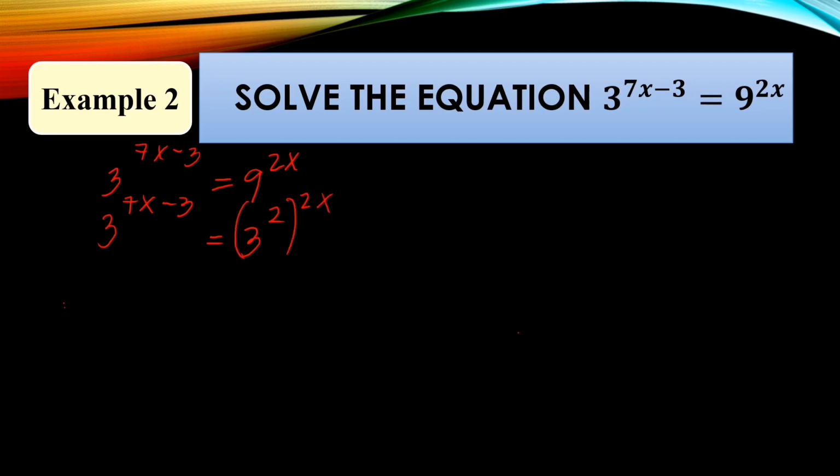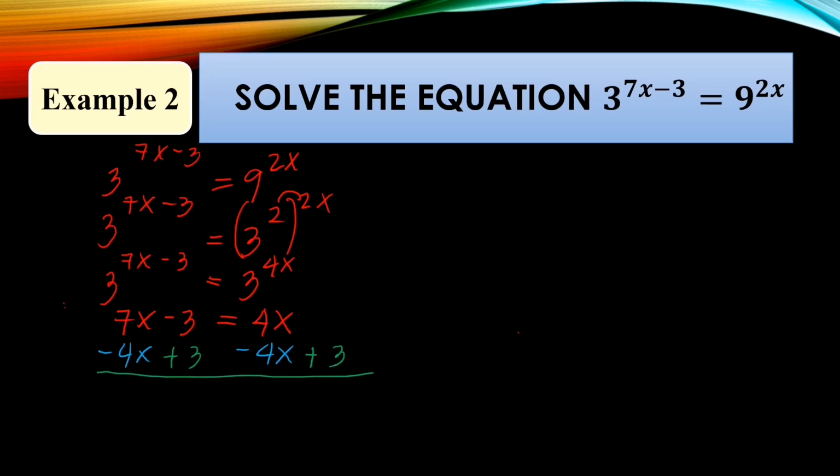And then after that, simplify. So 3 raised to 7x minus 3 is equal to 3 raised to 2 times 2x, which is 4x. Then pull out the exponent. So 7x minus 3 is equal to 4x. Then after that, combine similar terms by adding negative 4x to both sides, and by adding positive 3 to both sides.